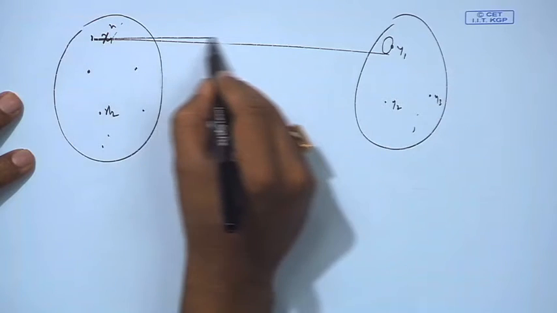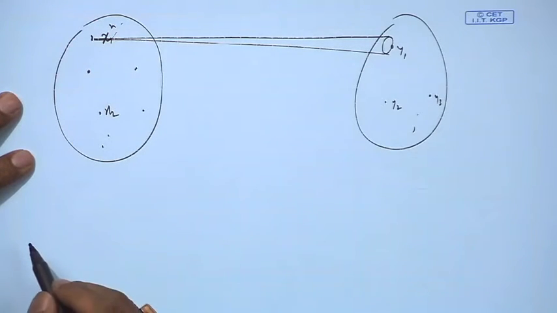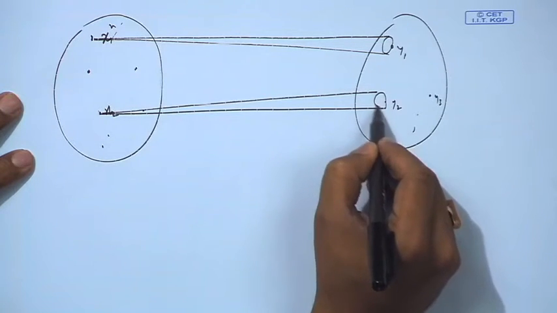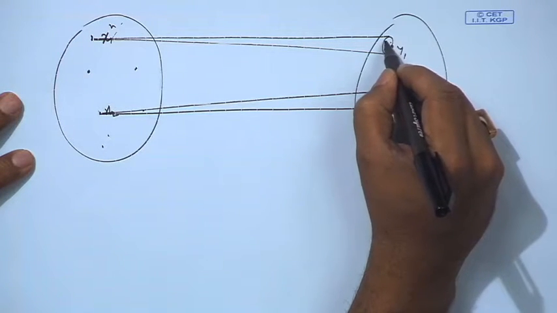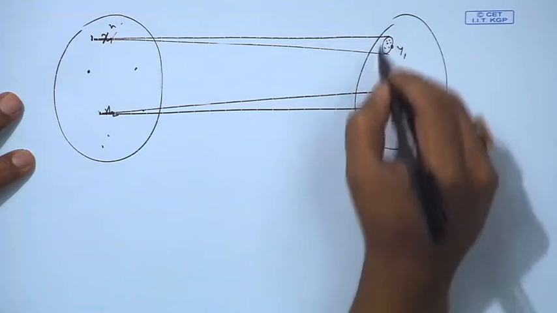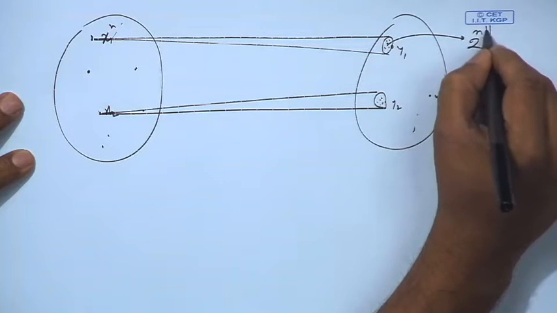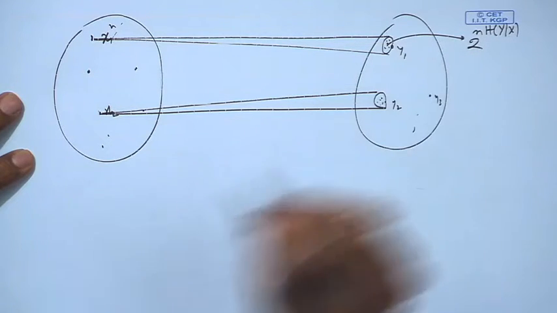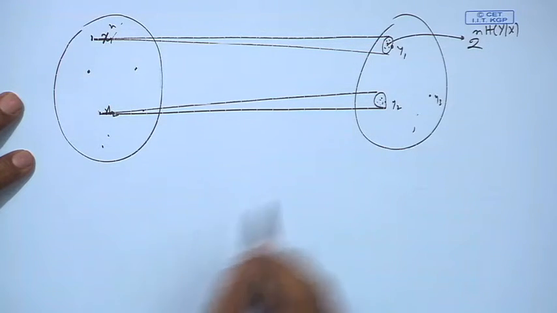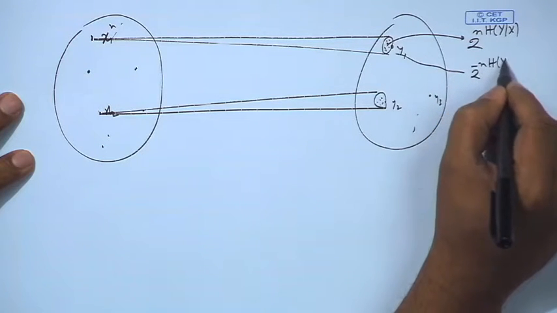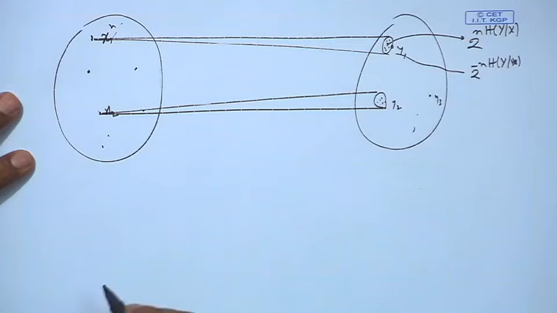This generates a certain set of outputs, this generates a certain set of outputs, and the number of such sequences in this particular one is 2 to the power of n h y given x, that is what is being meant, and each outcome has a probability of 2 to the power of minus n h y given x.